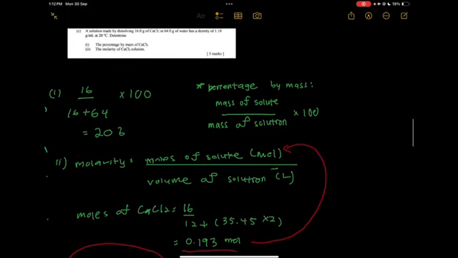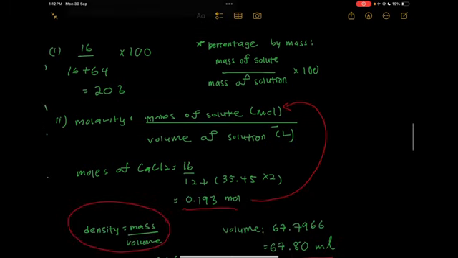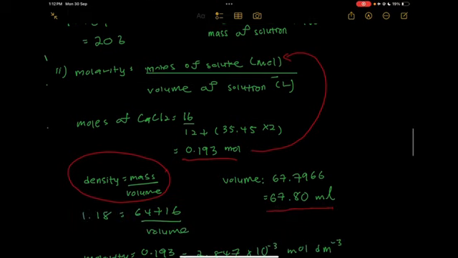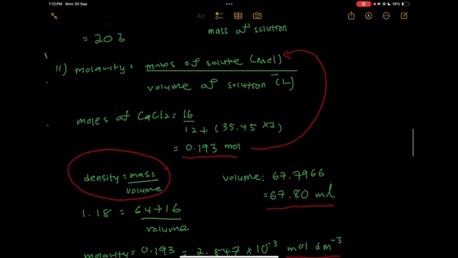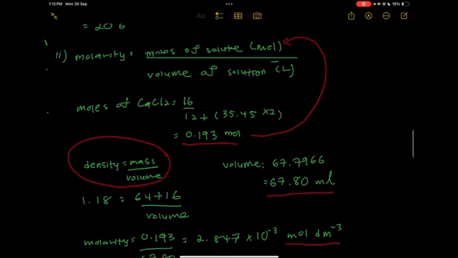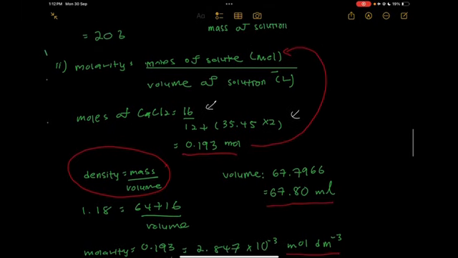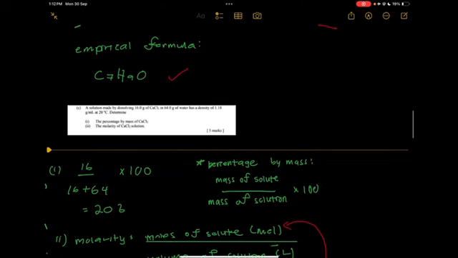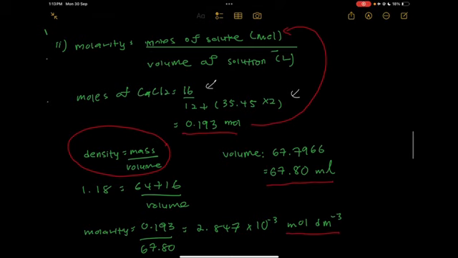So for question 2, molarity of the CaCl2 solution. The formula we must use is moles of solute divided by volume of solution. We must first find the moles of CaCl2, and we get 0.193, from the information in the question. After we get the moles, we must find the volume. The volume of solution we can get from the formula of density.